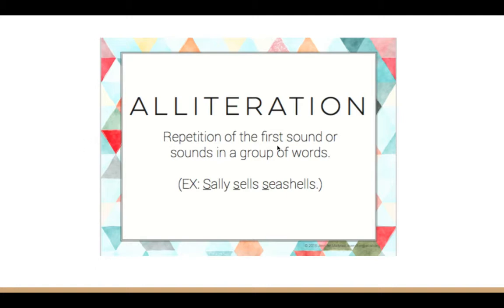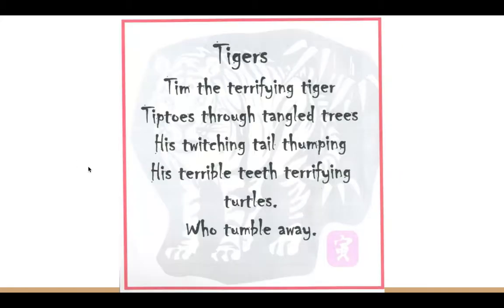So alliteration is that repetition when you have the same sound at the beginning of many words in a sentence. And it doesn't have to be every word in a sentence. If we had Princess Penelope or Prince Patrick, that could be an example of alliteration within a story that we read.